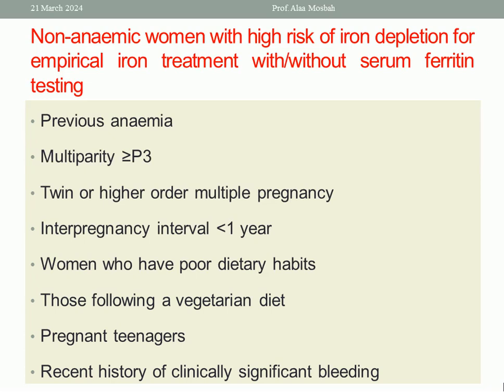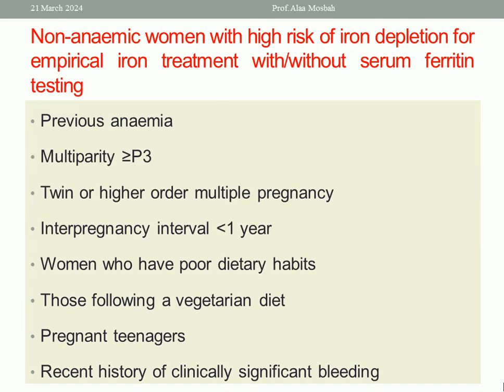Who are such a category? Women with previous anemia, multiparity, para 3 or more, twin or higher order multiple pregnancy, an inter-pregnancy interval of less than 1 year, those following a vegetarian diet, women who have poor dietary habits, pregnant teenagers, and recent history of clinically significant bleeding.